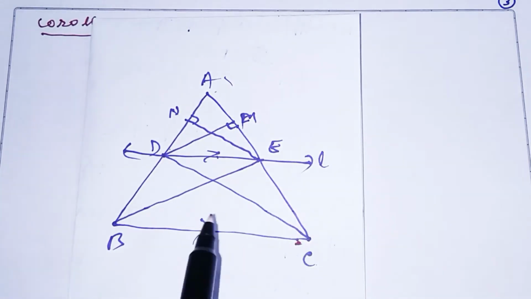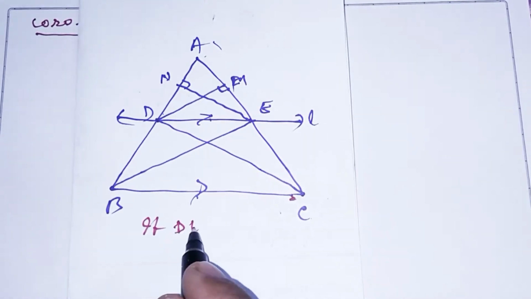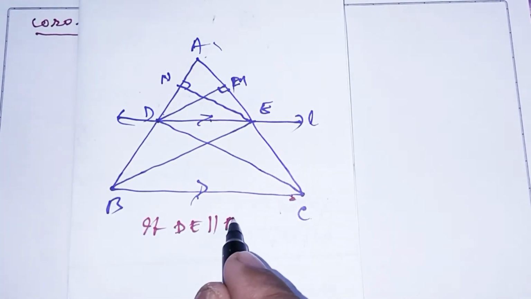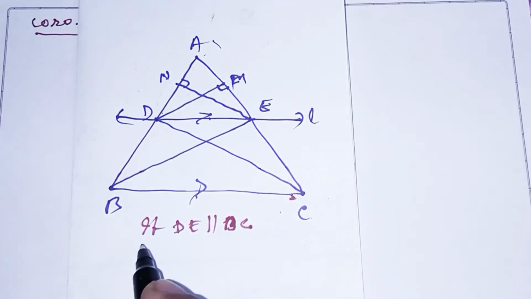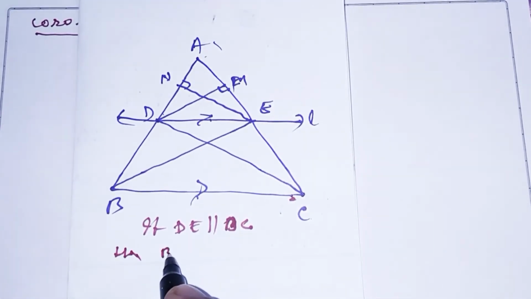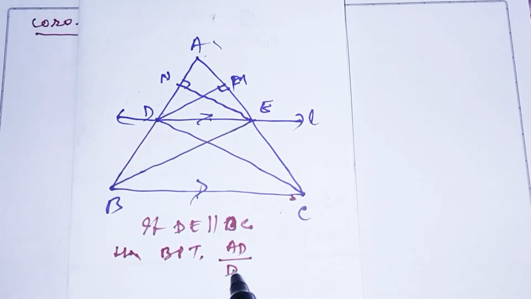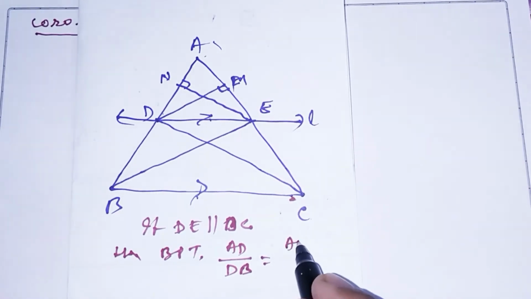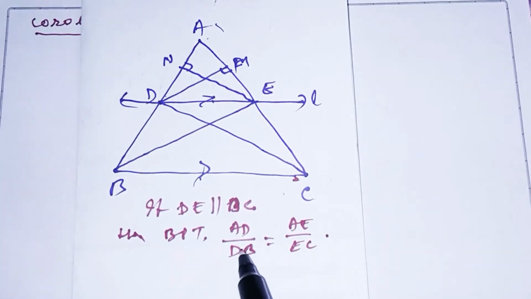So this is the result that if DE is parallel to BC, then according to BPT we write AD by DB equal to AE by EC. Okay, so this is the result of BPT.